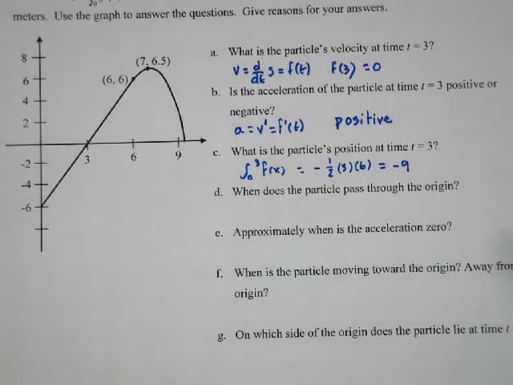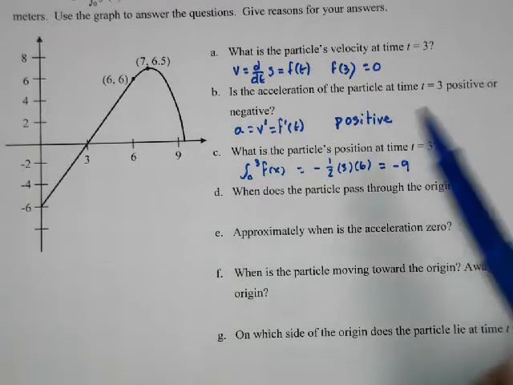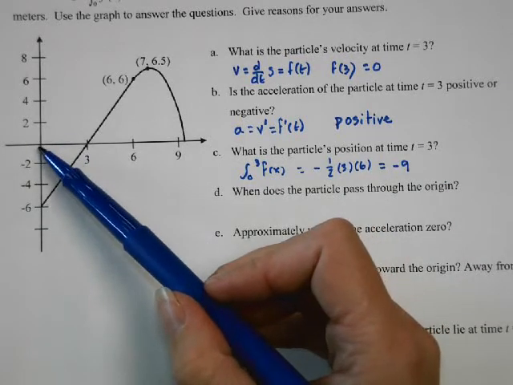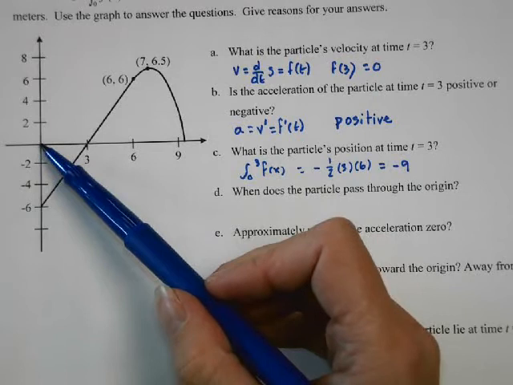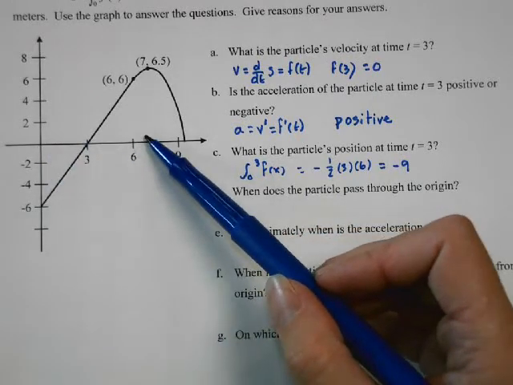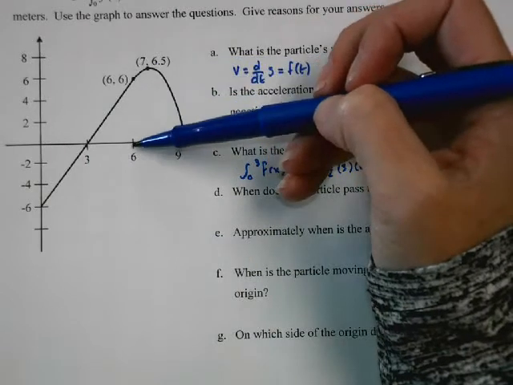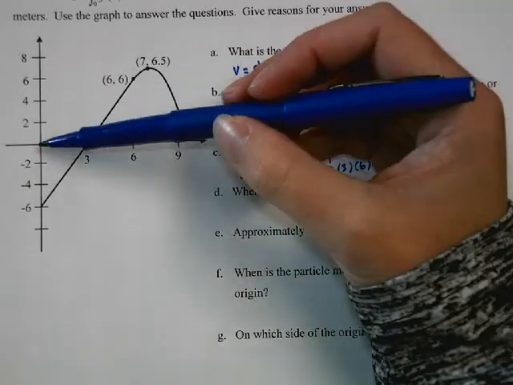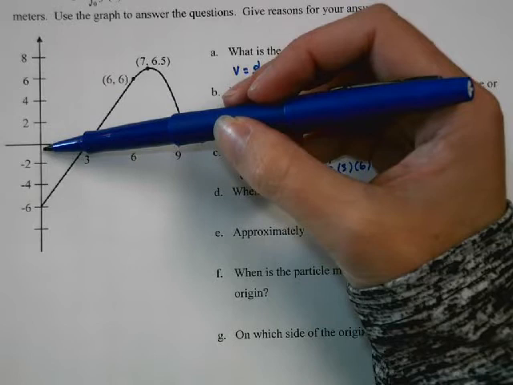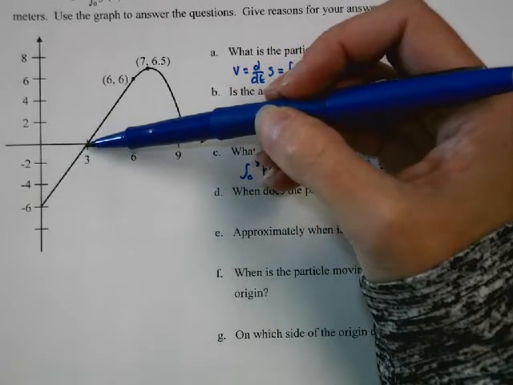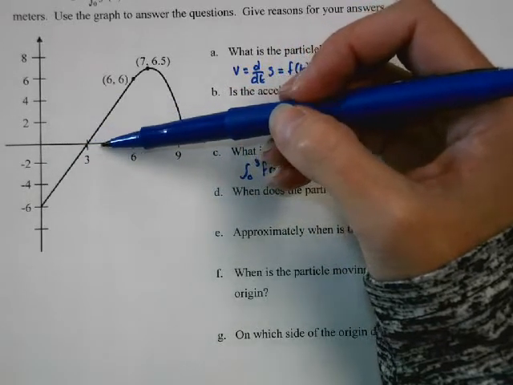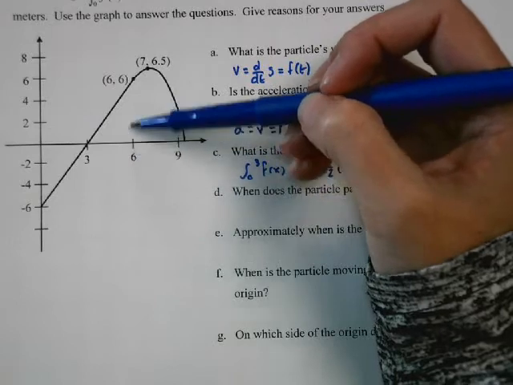When does the particle pass through the origin? We're going from the integral, the position. It's going to be negative, then it's going to increase. So at 6, it starts at 0, goes negative, and then starts moving back towards the origin.